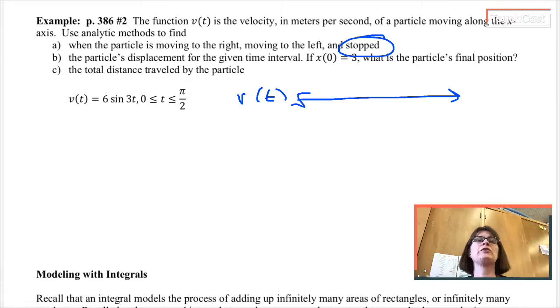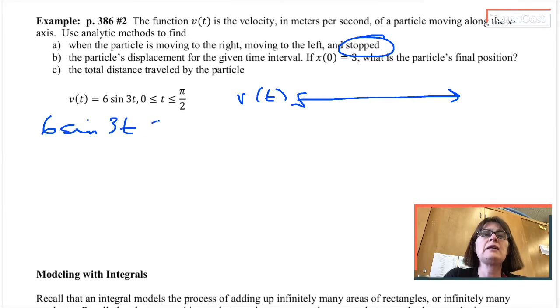What math am I going to have to do to figure this out? Well, I want to find out where the velocity is 0 so that I can use numbers in between those places to decide if velocity is positive or negative. So if I only have from time 0 to time pi over 2, I need for 6 sine 3t to equal 0.